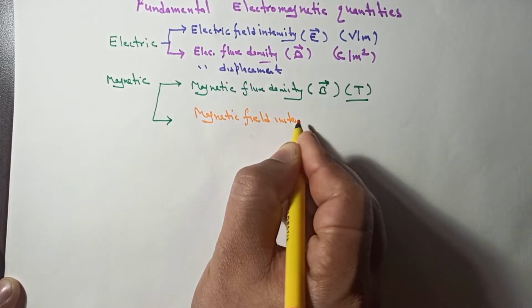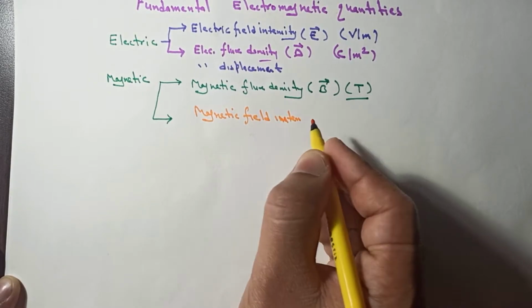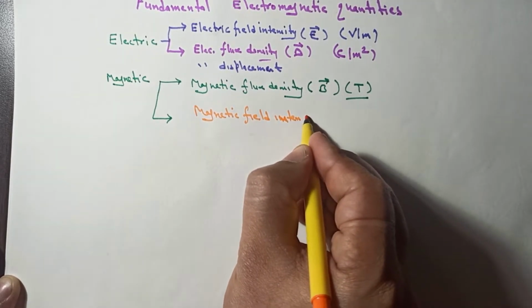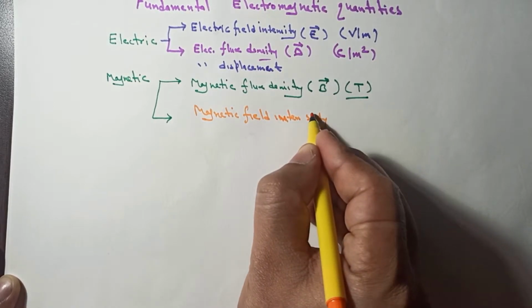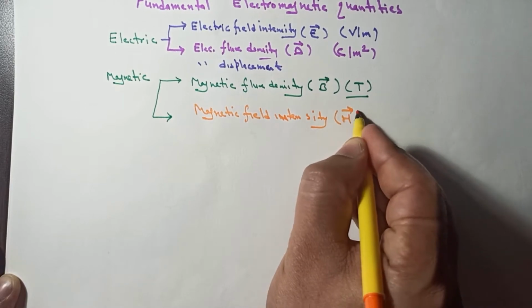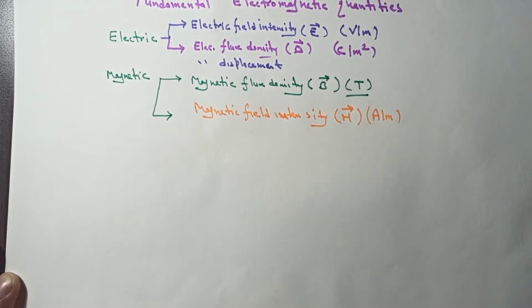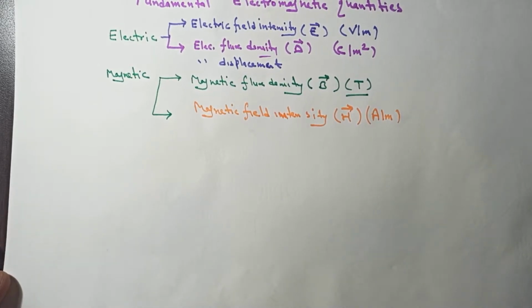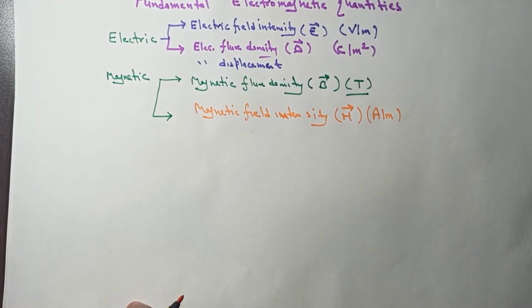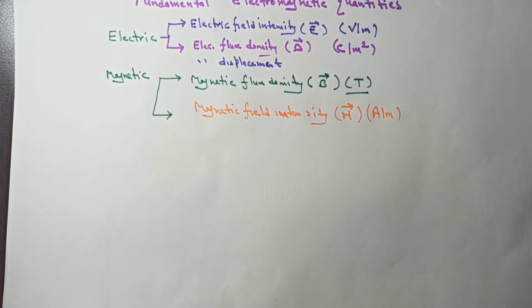The second is magnetic field intensity. It is given by H and the unit is ampere per meter.